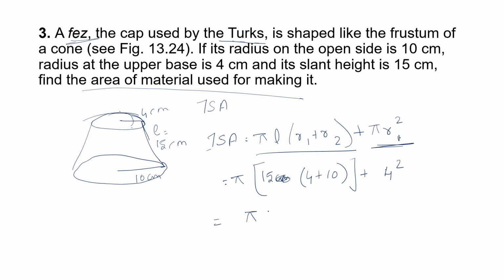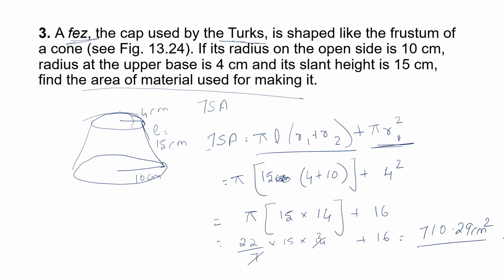So pi into 15 into 14 plus 16. Pi is nothing but 22 by 7 into 15 into 14, then we can cancel this 2 plus 16. Do the calculation and you arrive at 660 plus 50.29, so that means 710.29 centimeter square.